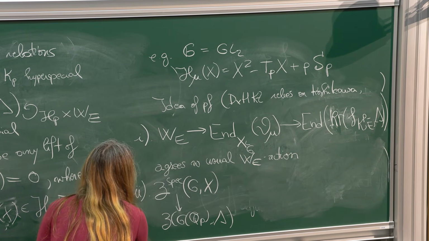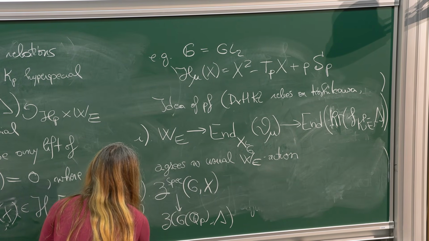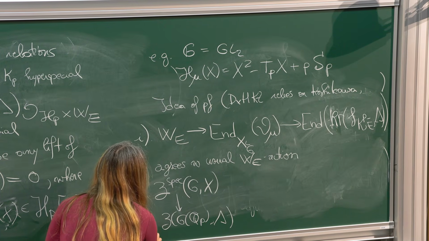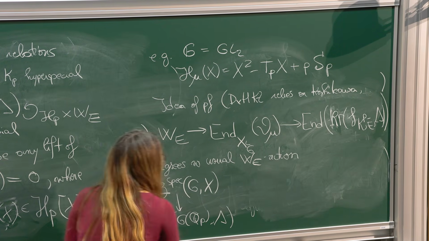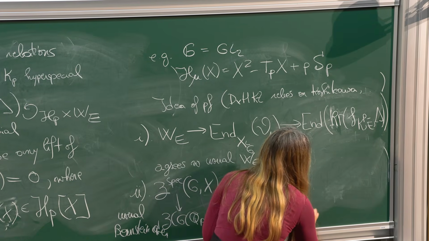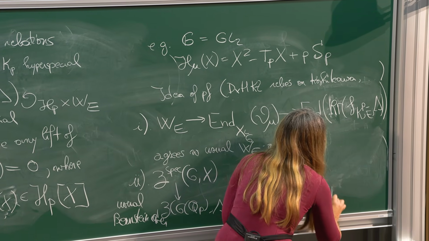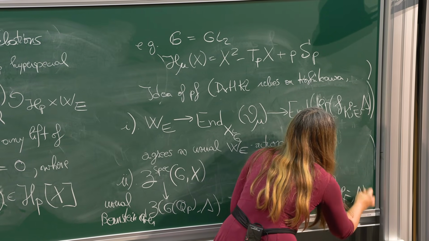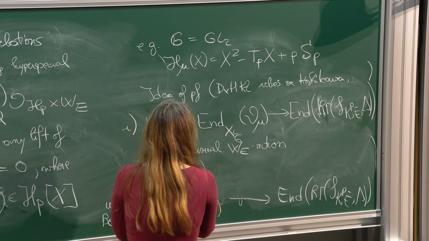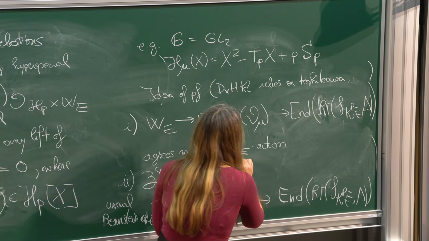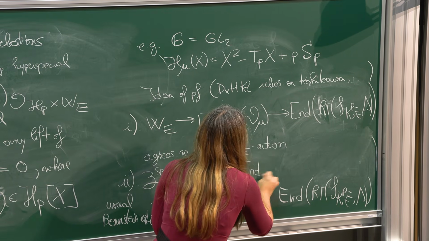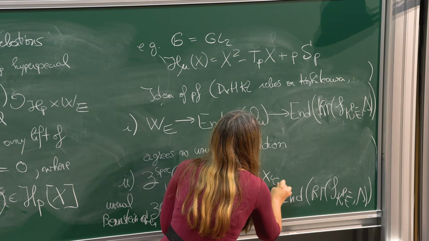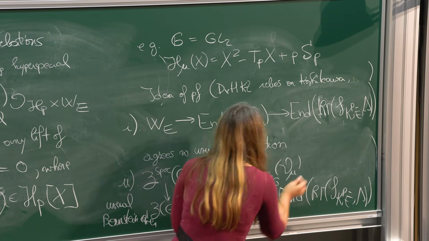So this is the usual Bernstein center, which maps to endomorphisms of the Shimura variety cohomology. But this also maps to endomorphisms of V_mu on X_{L^G}, which again maps here.